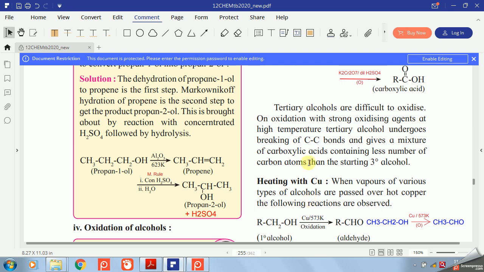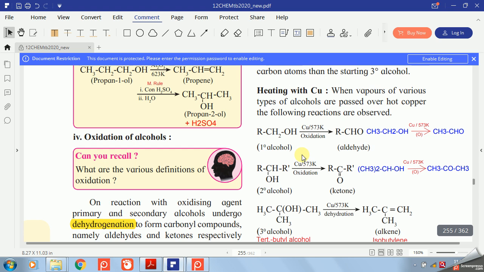So let us see the reaction. The reaction is tertiary alcohol reacting with copper at 573 Kelvin temperature. So there is a removal of water, OH from this and hydrogen from the beta carbon is removed, and there is a double bond.